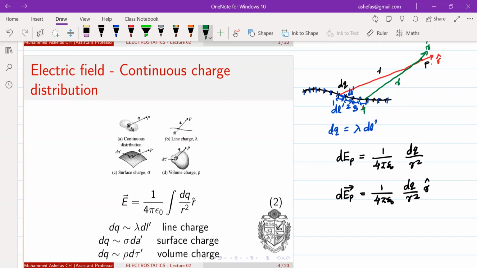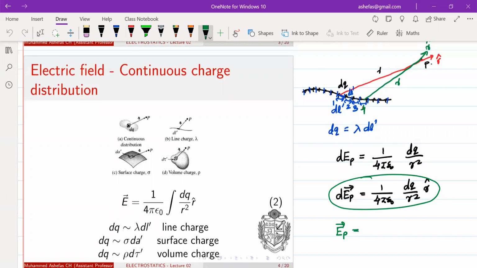That is according to the superposition principle, because the electric field has to obey the superposition principle. It is nothing but the electrostatic force on the unit positive charge. So since the electric force obeys the superposition principle, the electric field should also obey it. Hence the electric field at point P would be the sum of all infinitesimal electric fields.